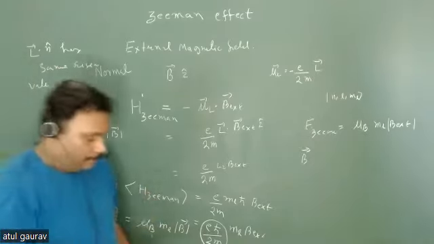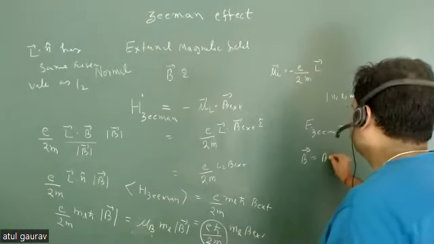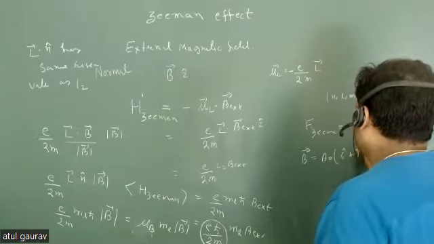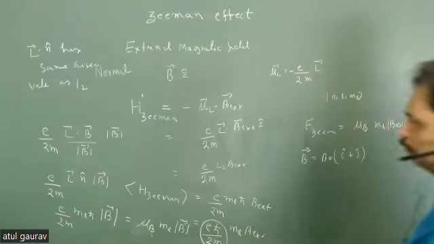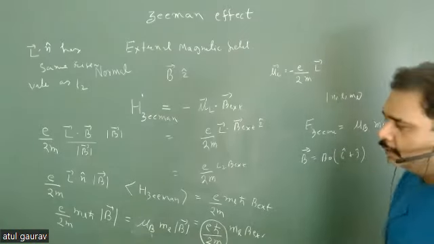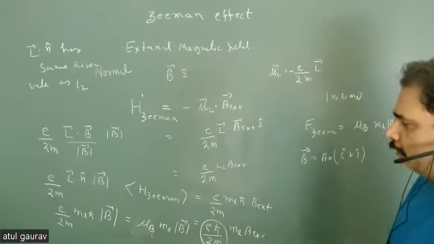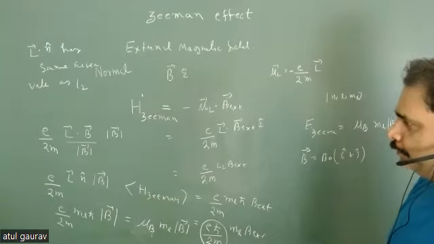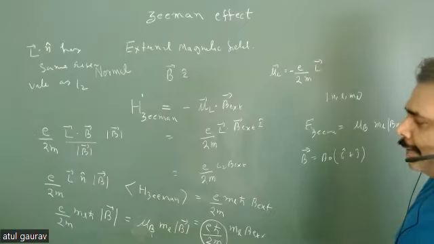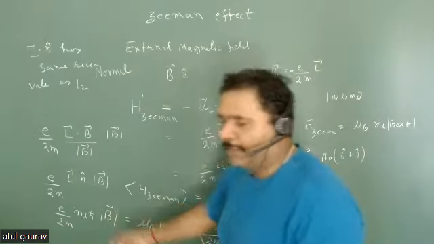Suppose I put my magnetic field as B_0 (i cap plus j cap), then what will be the answer? What will happen if I put the magnetic field in this direction? Just give me the answer. What will be mod B now?